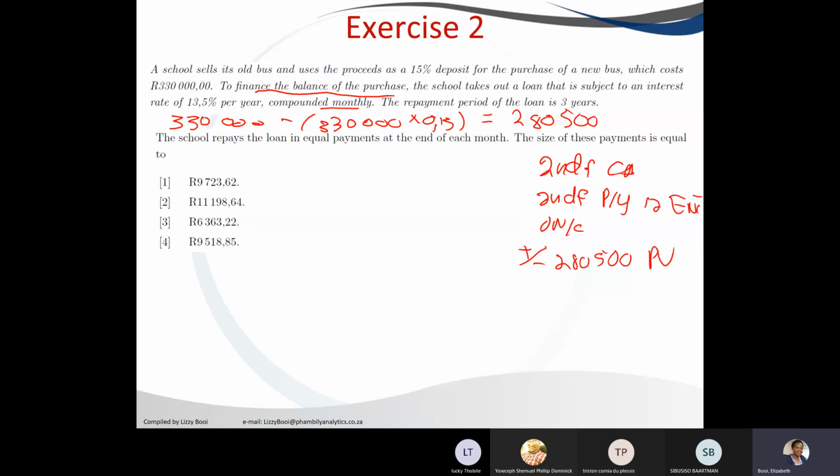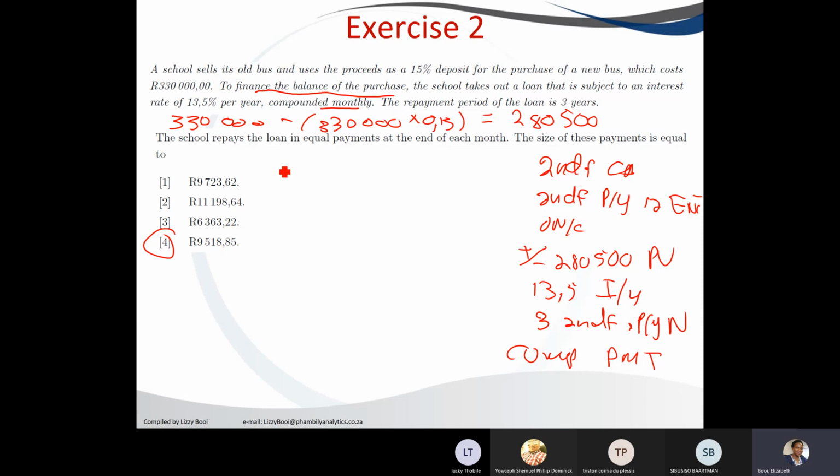That's our present value. And interest is 13.5. That is your I/Y. How long? 3 years. Second function N again. And comp PMT, and that will give you option number 4.